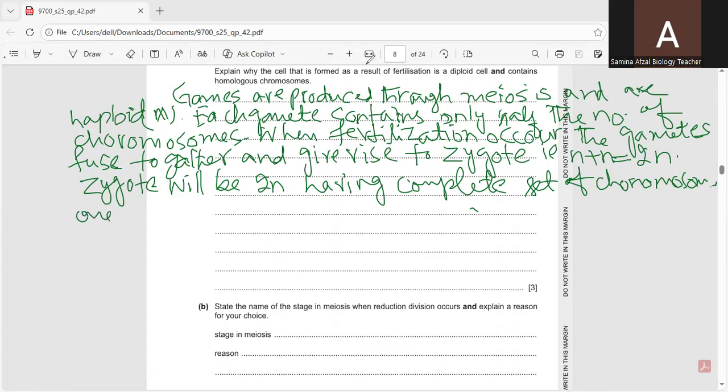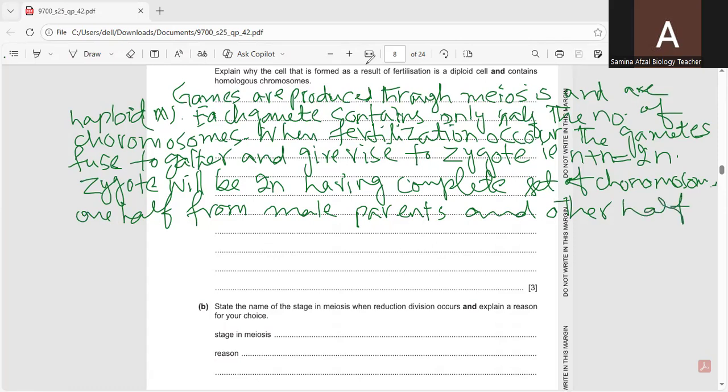One half from the male parent and the other half from the female.